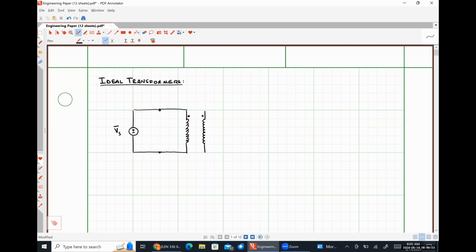And for right now, we're going to worry about dots on the same side, and we'll sort that out in a little bit. I'm going to put these vertical lines here in between the coils, and I'll talk about what they mean momentarily.